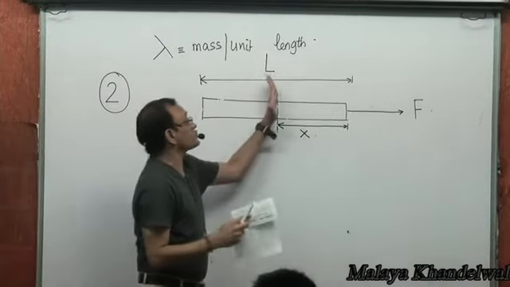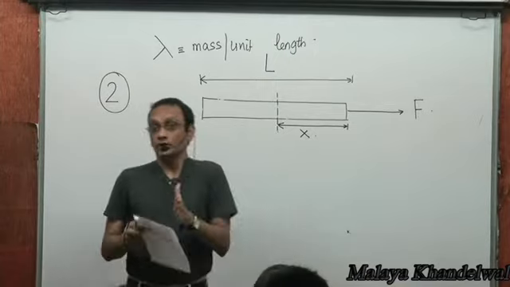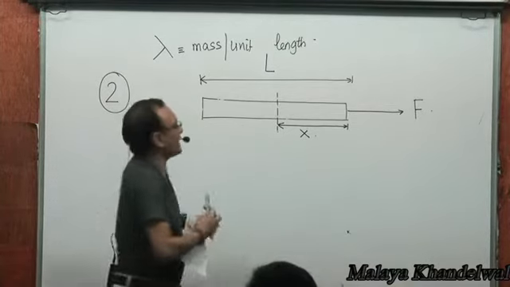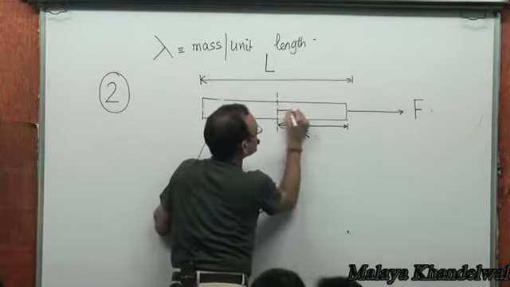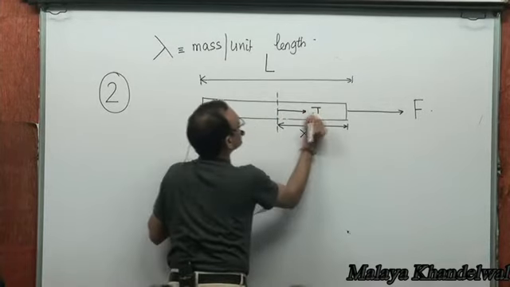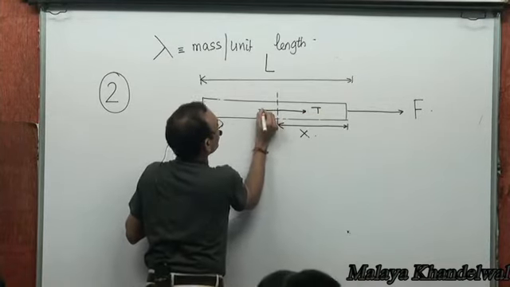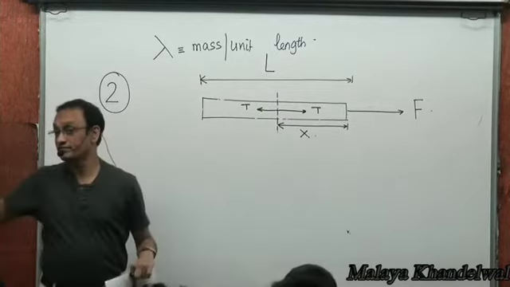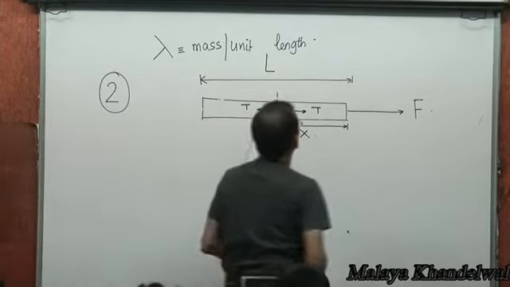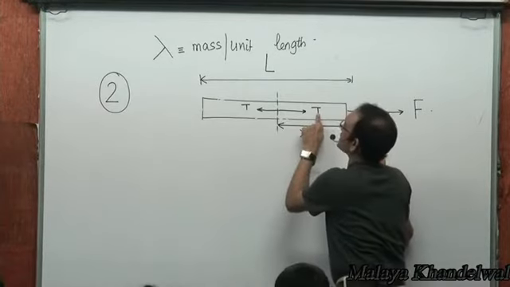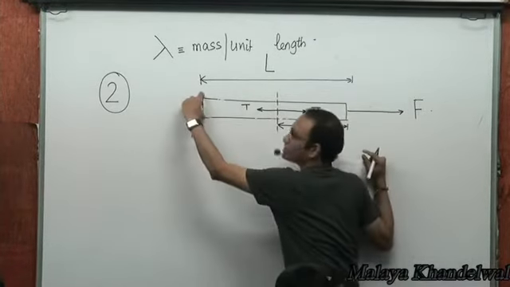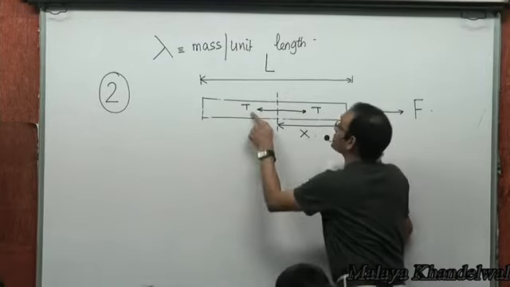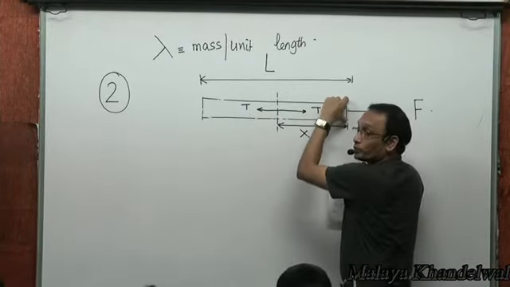Now, at this cross section, there is tension in both directions, right? There is tension T like this, there is tension T like this. And when I look at the entire rope, this T is an internal force and will cancel off, right? But essentially this T that you see is pulling this portion of the rope, and this T that you see is pulling this portion of the rope, right?